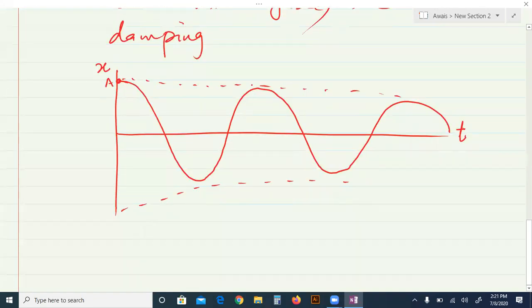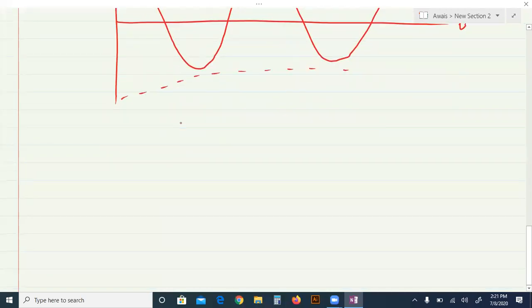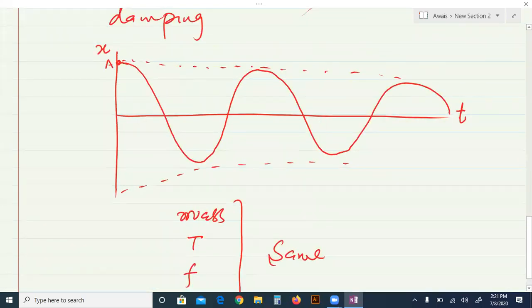And do remember, during damping, mass, time period, frequency, and omega all remain the same. So if this is 0, if this is 2 seconds, then this will be 4 because the time period remains the same.